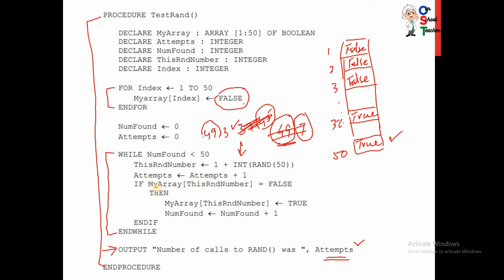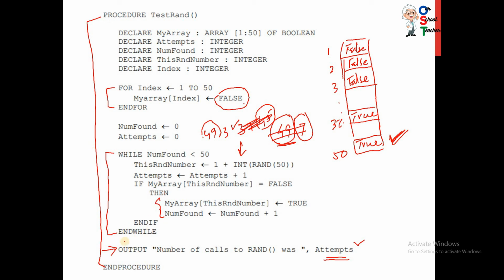It will become 3, and it will check again. If my array, and this is 50, this RND number, this is 50, is equal to false. This is not false in this case now. This is true. So these two lines will not be executed, and 1 will not be added to num found, right? And then it will go back.